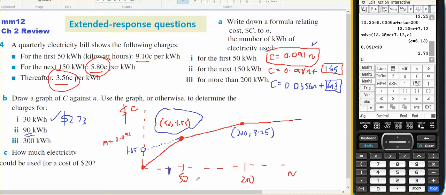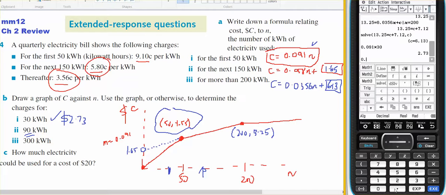For 90 is about here, so I'd have to use this second rule. So I'd have to sub 90 into here. So it would be 0.058 times 90 plus 1.65. And that gives me $6.87.